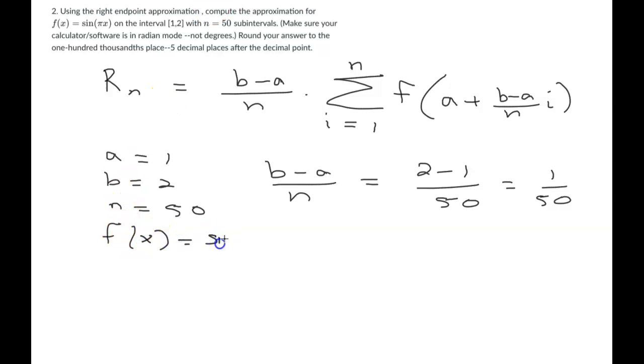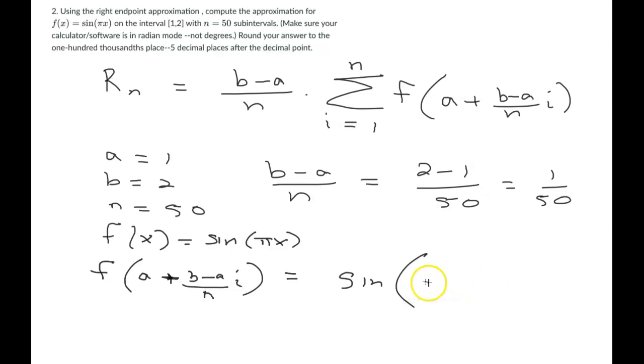What is going to be f of a plus (b minus a) over n times i? That's going to be sine of pi times a, which in this case is 1, plus (b minus a) over n times i, which is 1 over 50 times i. So you can write it just i over 50.